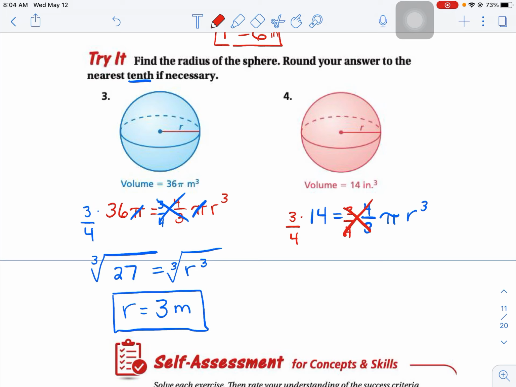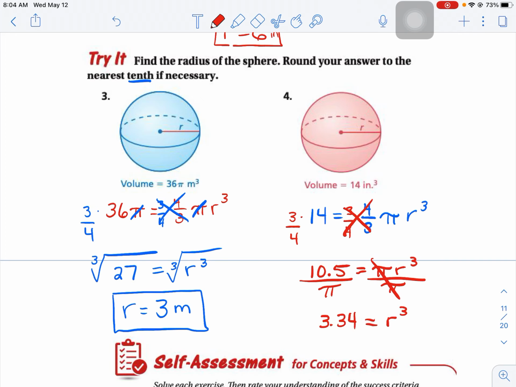When I do that, 3/4 of 14 is 10.5. So I get 10.5 equals pi r cubed. I'm going to divide by pi. And that gives me about 3.34.